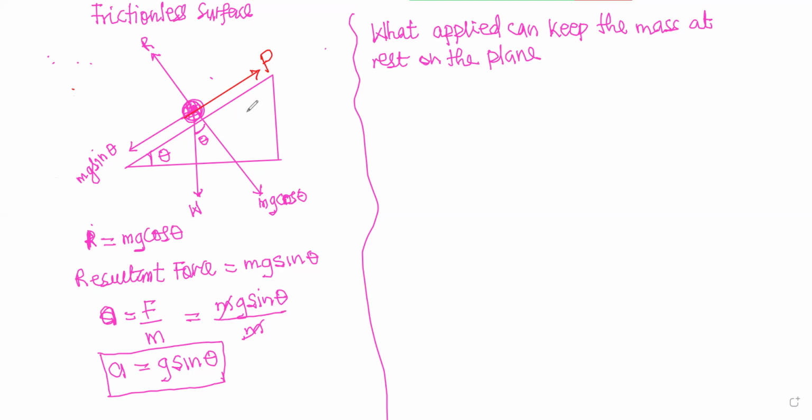For the body to remain at rest, what must be that relationship between the unbalanced force and P? Anybody? Calvin, Dodu. Please, P and the unbalanced force must be the same. They must be the same or equal.